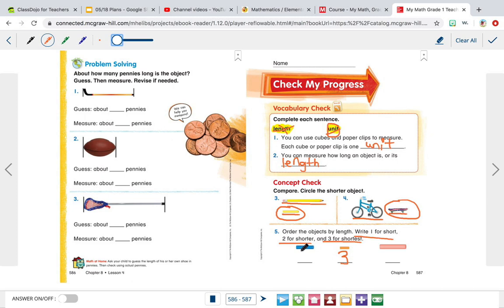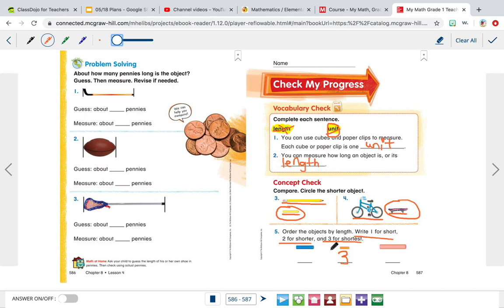Now, we have 2 for shorter, so it's the second shortest. Which one is the second shortest? So this is the number 3, and this is the shortest one. It's a little longer than this one, but it's not the shortest one. So we're looking for the second shortest. Is it the blue or the red?